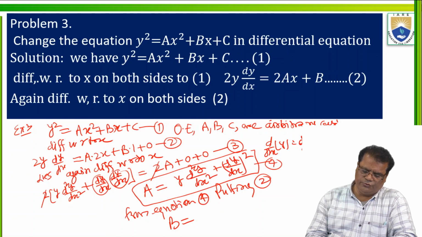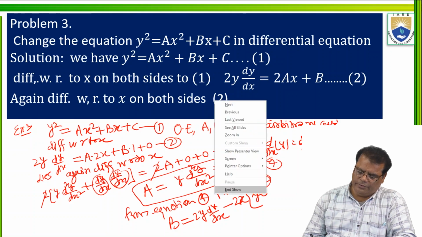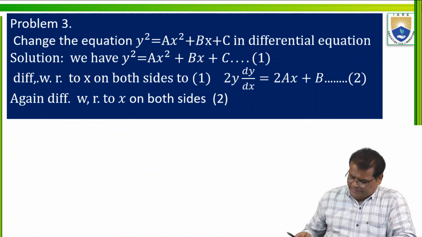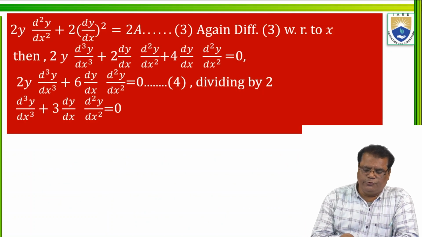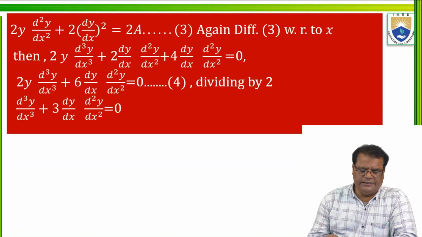Putting the value of a, we get 2y dy/dx minus 2x times the value of a. The 2 is cancelled on both sides. Again differentiating, we get this result 0, and adding, we get this equation.